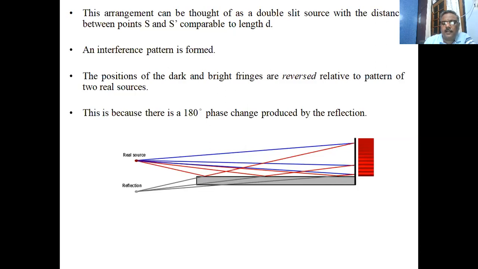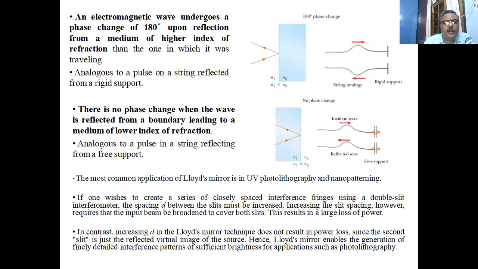So if the light is reflected from any denser medium, there is a phase change of 180 degrees. An electromagnetic wave undergoes a phase change of 180 degrees upon reflection from a medium of higher refractive index, analogous to a pulse on a string reflected from a rigid support.